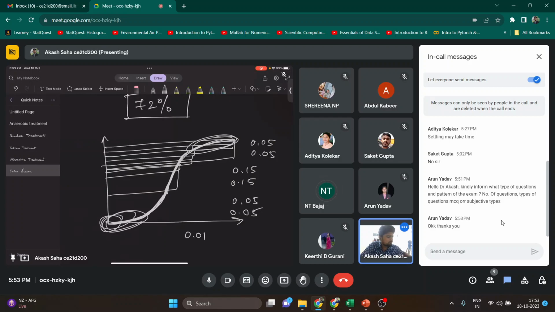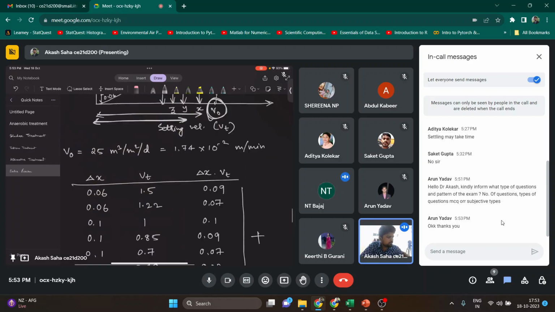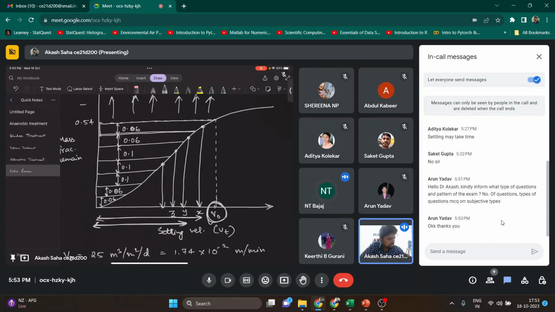Whatever width you take, the length value will depend on the average of your starting length and ending length. That will be constant. But the width of the strips is your discretion. If you want to calculate very minutely, you take very thin strips.